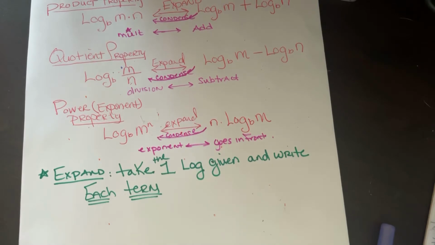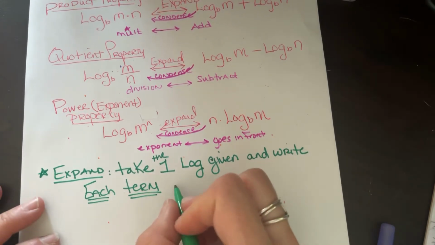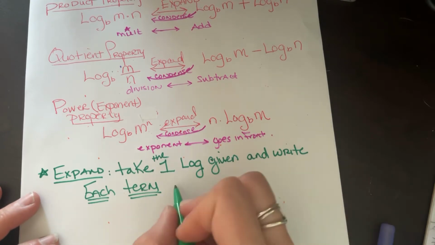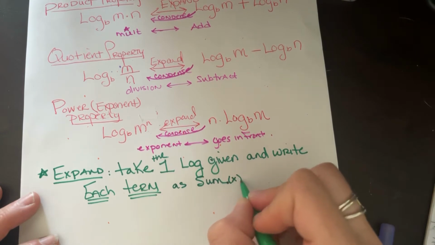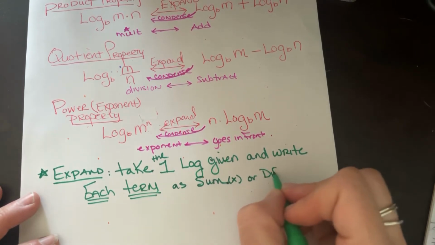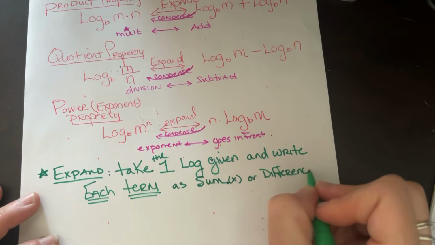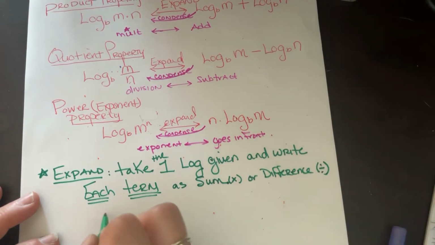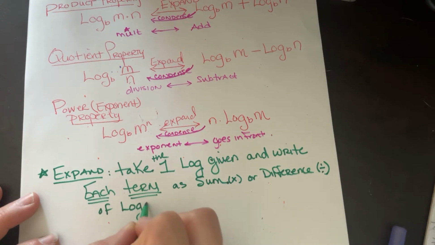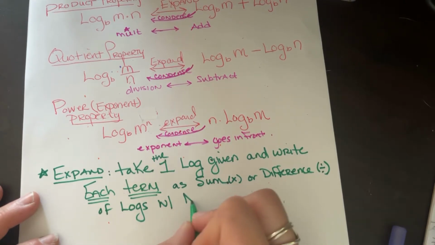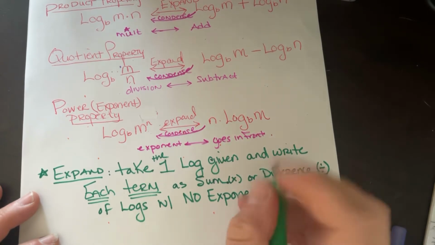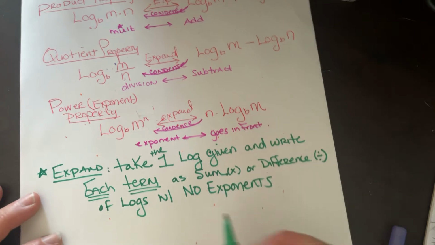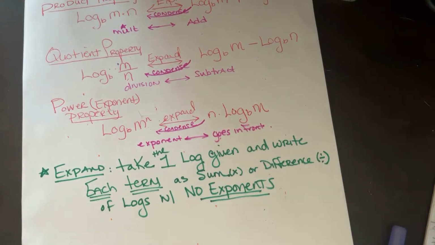If you have 5, you have 5 logs. You take each term, write each term as the sum if it came from product, or the difference if it came from a division of logs with no exponents. You should never see an exponent when you expand. Hence, this is the expanded, no exponent. Okay? So that's pretty much all you have for your notes.